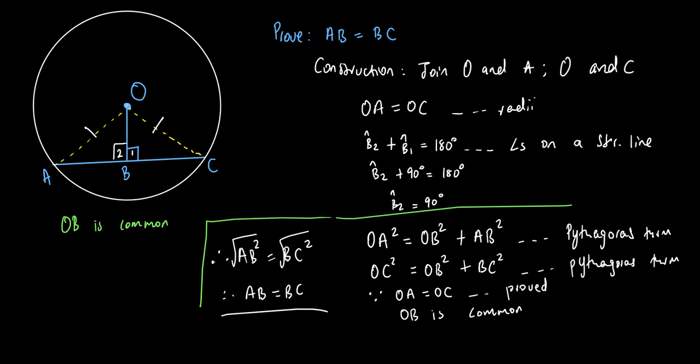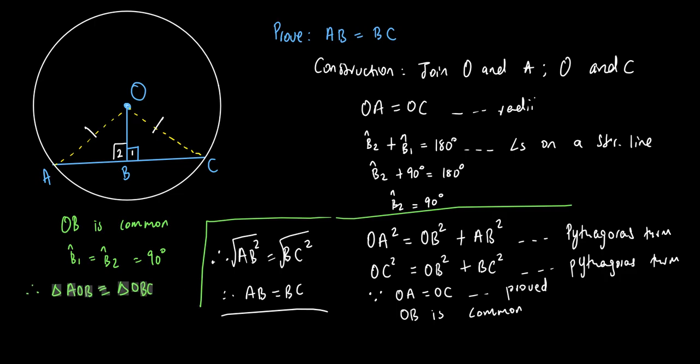And then you tell them that angle B1 is equal to B2 because both of them are 90 degrees. So you say therefore triangle AOB is going to be congruent to triangle OBC, and the reason you use there is what?